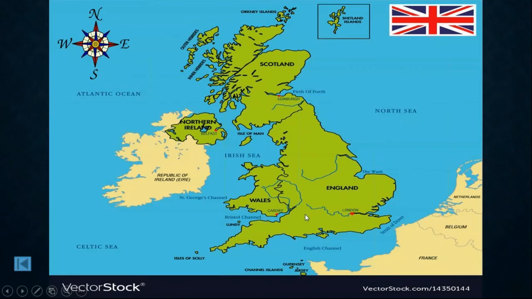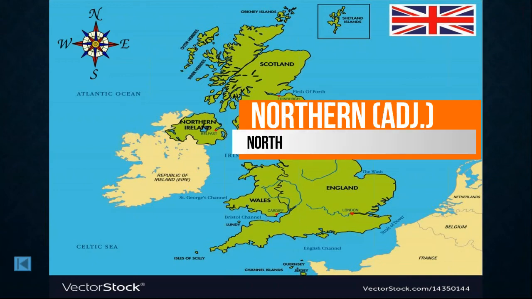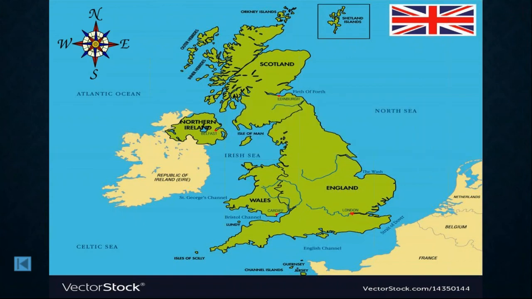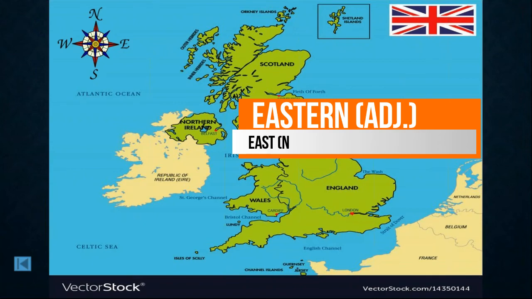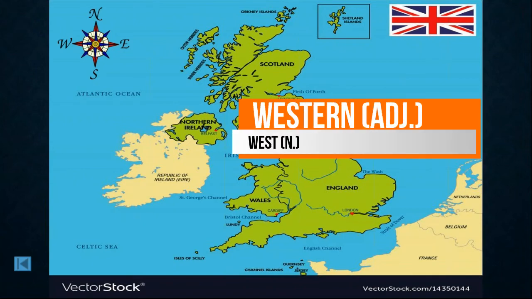Northwest of Wales. So this is Wales, this is the north, this is the west, and this is the northwest. What do we have here? Northern Ireland. Okay, so we've got Northern Ireland. All right. So northern. Northern is the adjective from north. So I have the north, northern, south, southern, east, eastern, west, western.